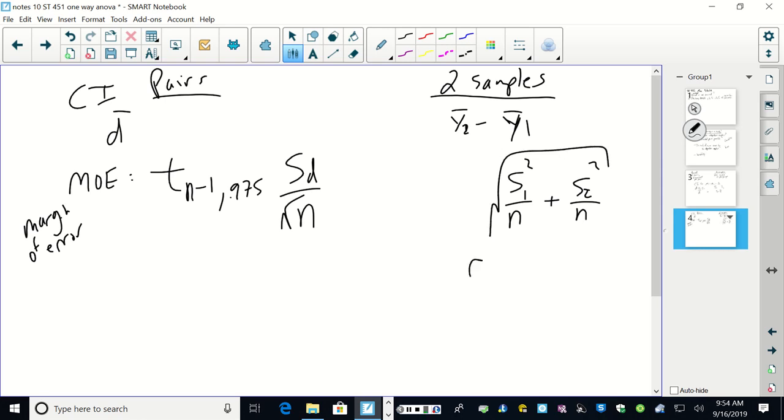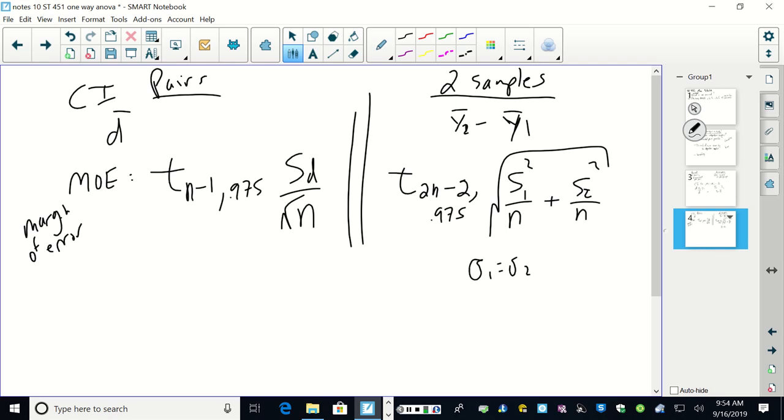And if sigma 1 equals sigma 2, we'd use a t distribution with 2n minus 2 degrees of freedom. So a little space between those two. And so our margin of error would have a different t value here and a slightly different value there.